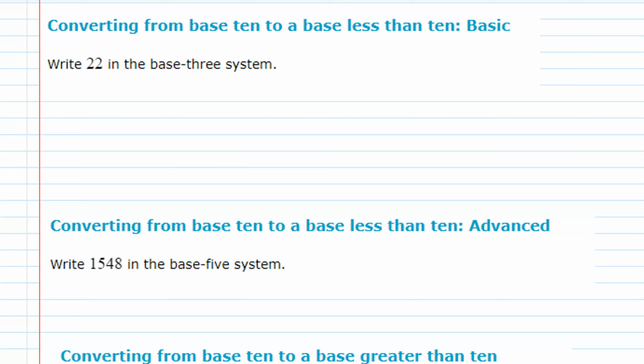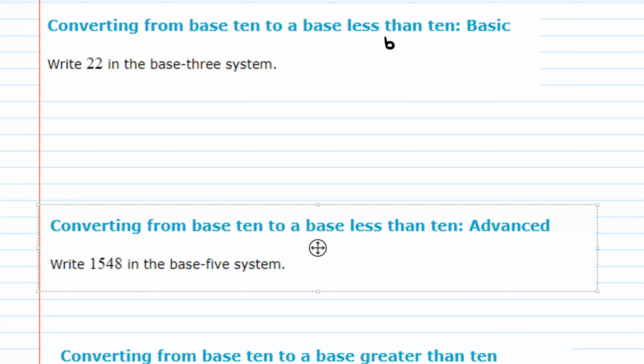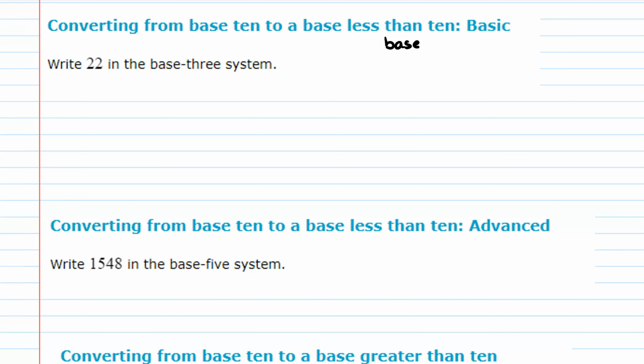Okay, let's try again. So we have 22 in base 10, and we want to convert it to base 3. For base 3, the digits that you're allowed to use are 0, 1, and 2.